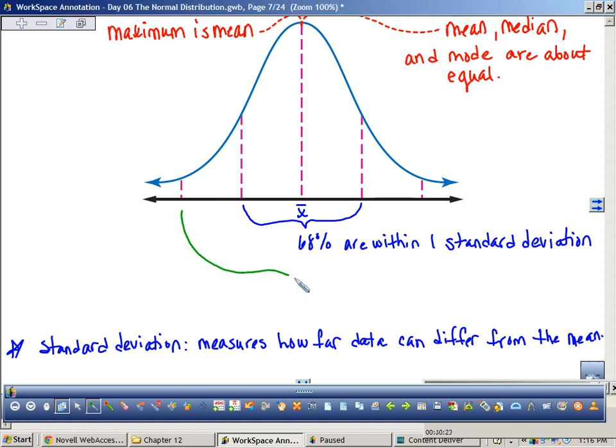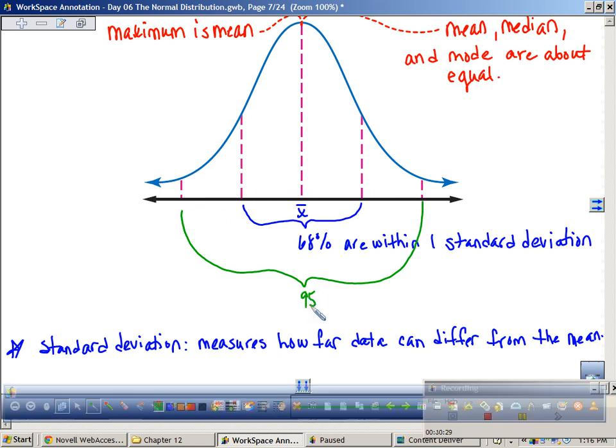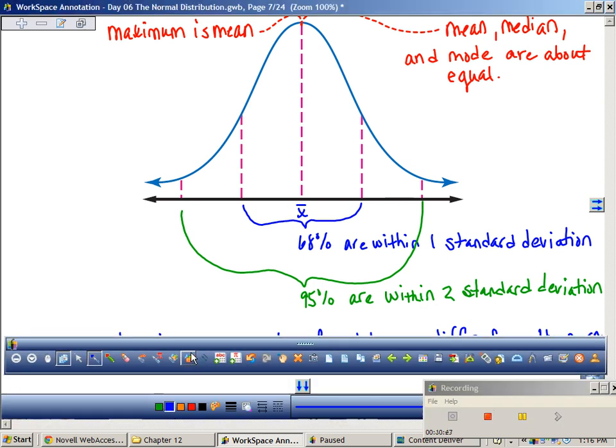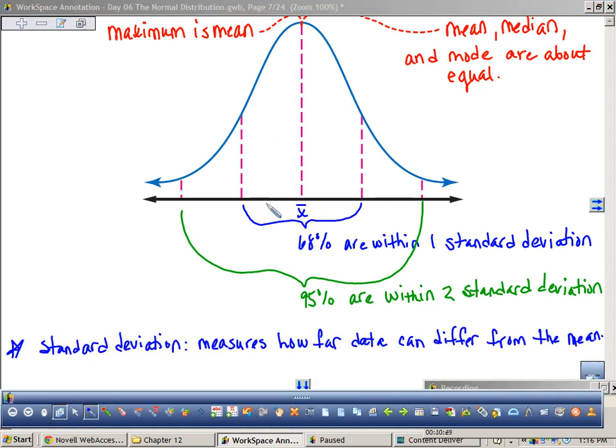So here, all of these data points, that's 95%, are within 2 standard deviations. If this is 68%, how much is in this little bar right here? 34.